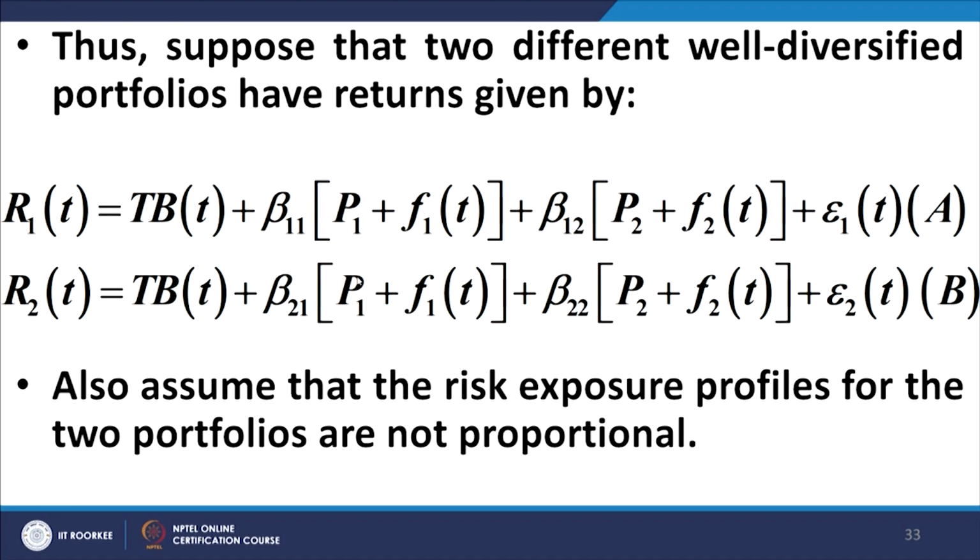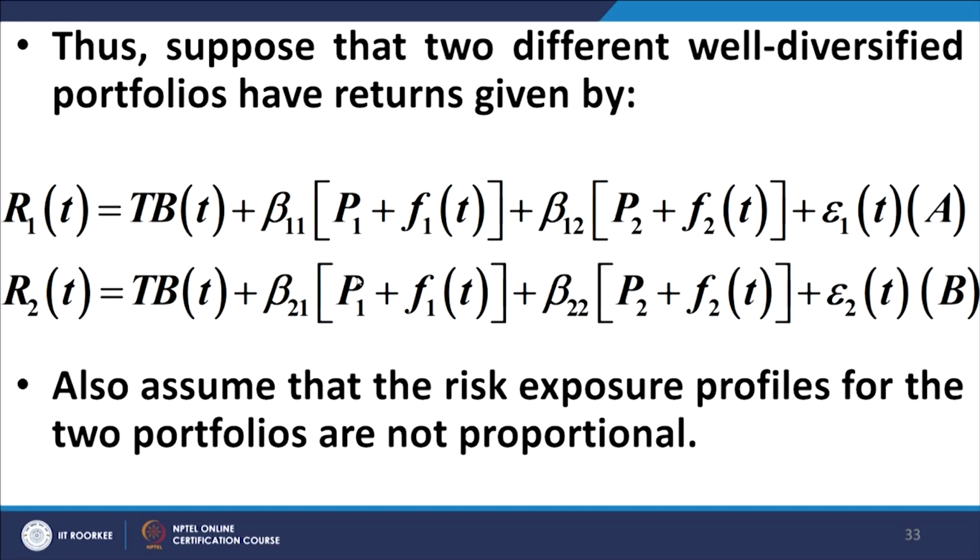Suppose we consider k equal to 2 as I mentioned just now, and the two different well diversified portfolios have returns given by the expressions in equation A and equation B. Please note these are simple representations obtained from the APT model, which we have discussed a few minutes back.